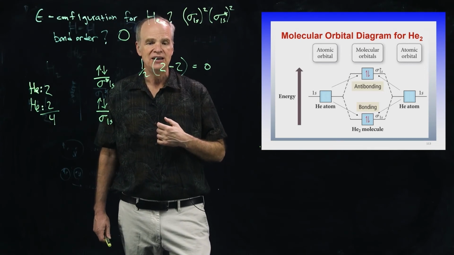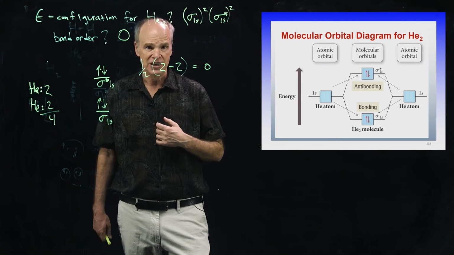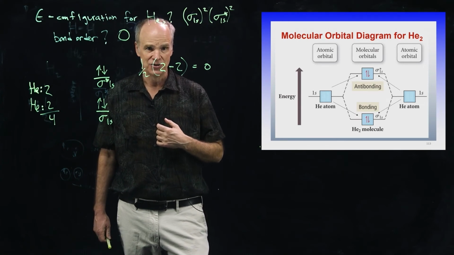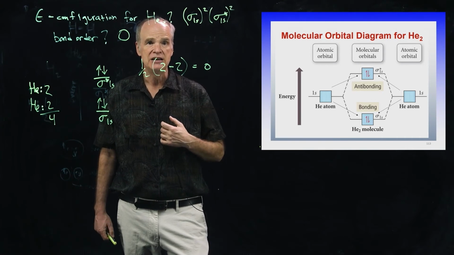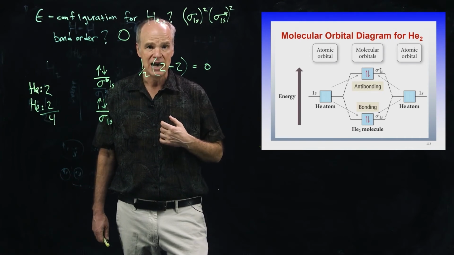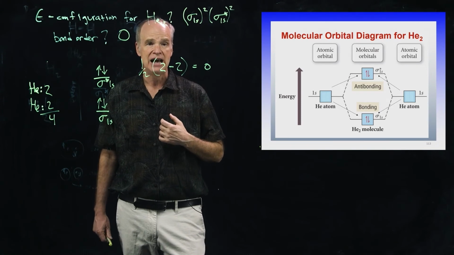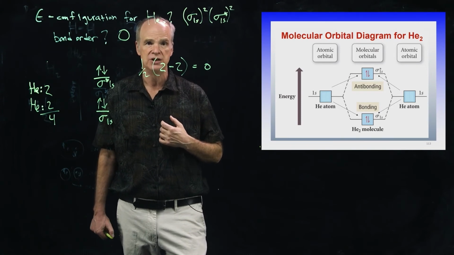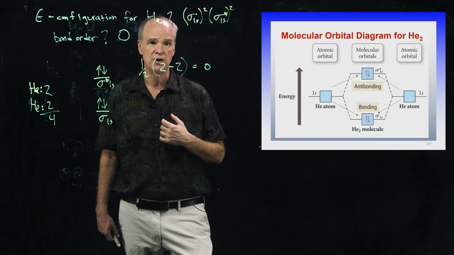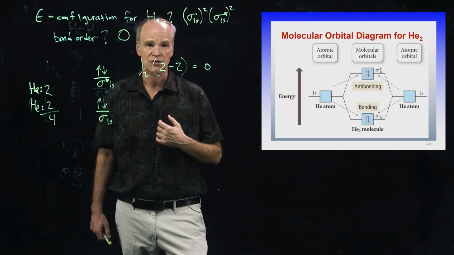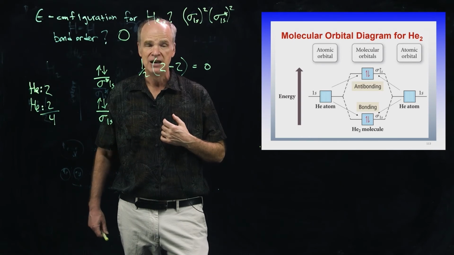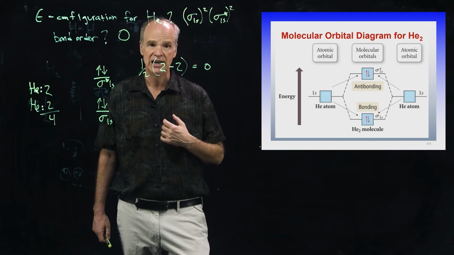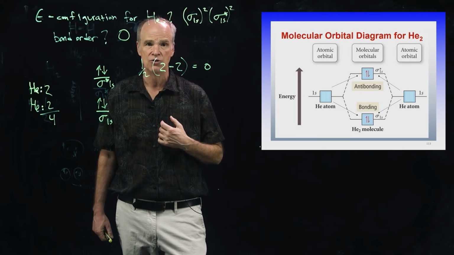And so when you put these 4 electrons into these 2 molecular orbitals, the energy averages out. You can imagine that the average of the energy between the antibonding orbital, which is relatively high, and the bonding orbital, which is relatively low, is the same as the energy that the electrons would have in the atomic orbitals.